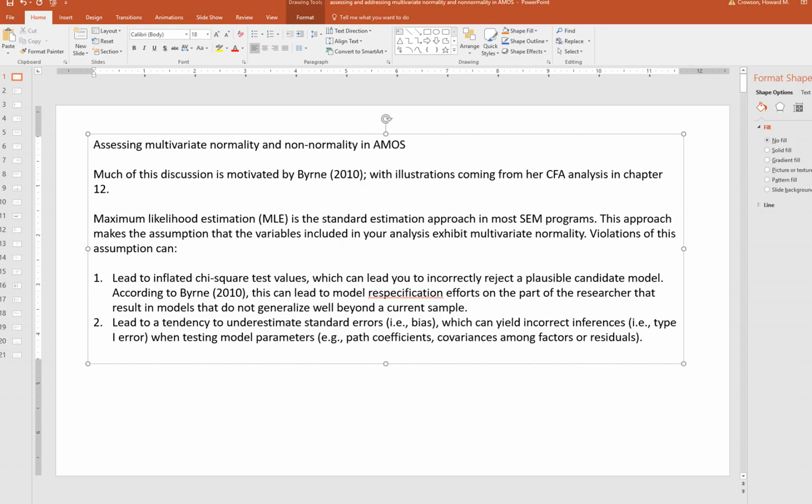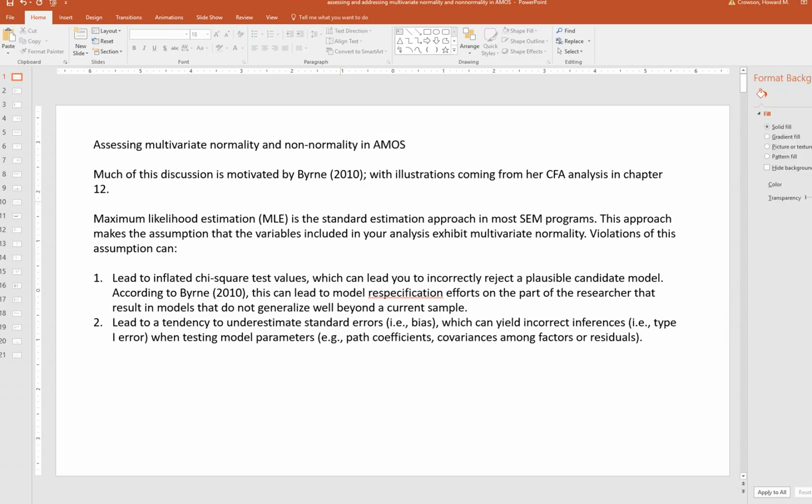And so we have to keep in mind that in the context of SEM, most SEM programs utilize maximum likelihood estimation by default, and this estimation approach makes the assumption that the variables included in your analysis exhibit multivariate normality.